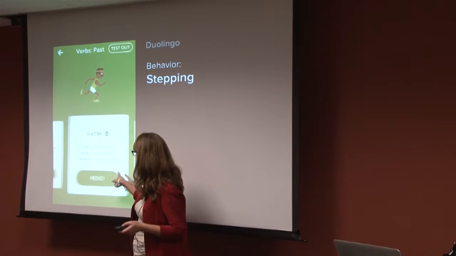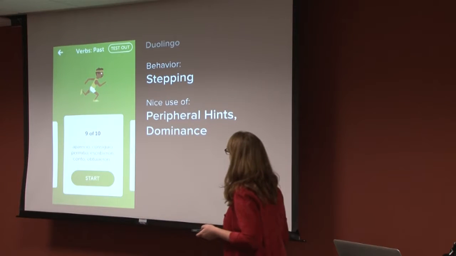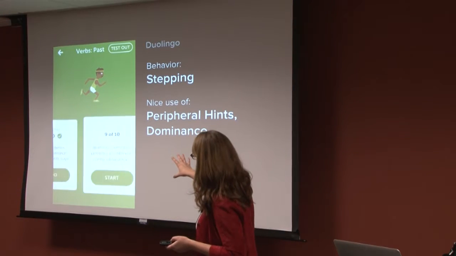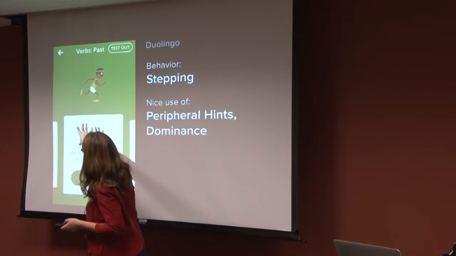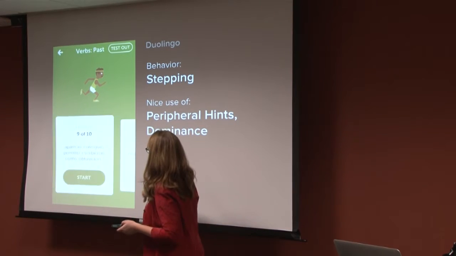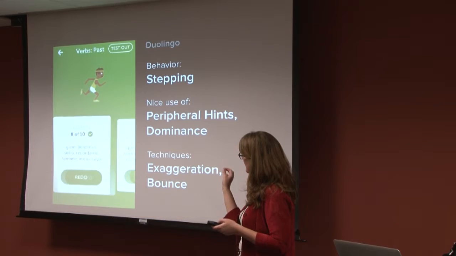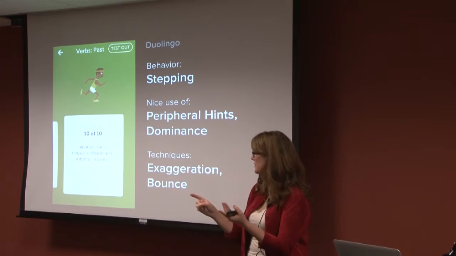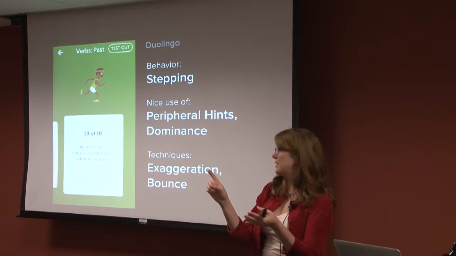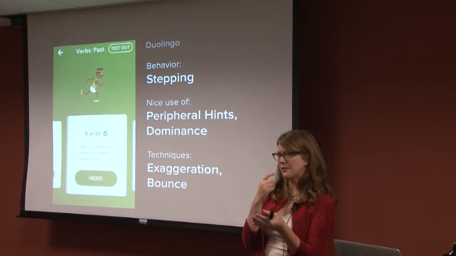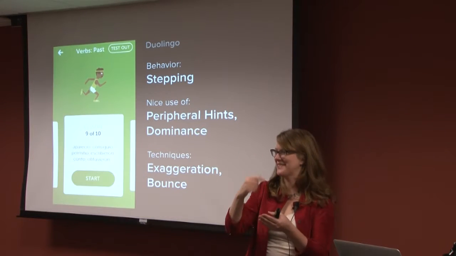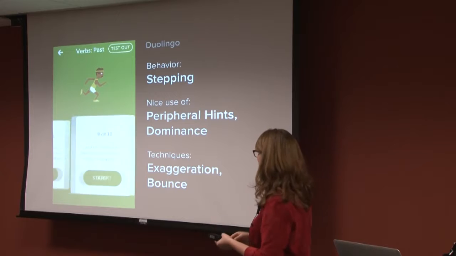And the other thing that you'll notice here is the use of dominance, that this is actually larger in the middle. And those peripheral hints give you a feeling for what's going to come up, but it also has that little bounce. So a lot of things when you deal with a carousel, you have to think of not just a single regular swipe, but what happens if people do the fast, like the roulette wheel kind of swipe.